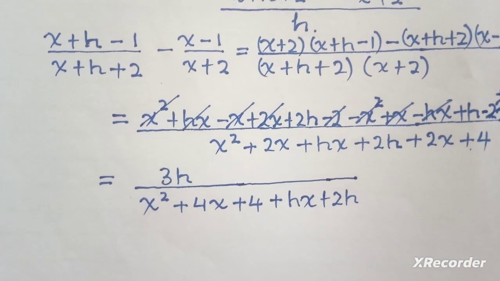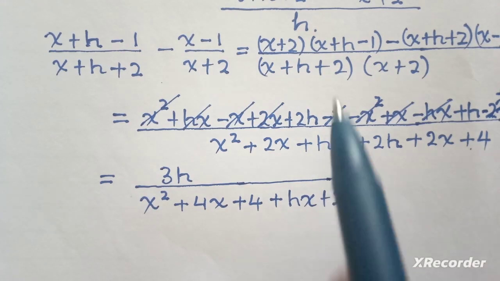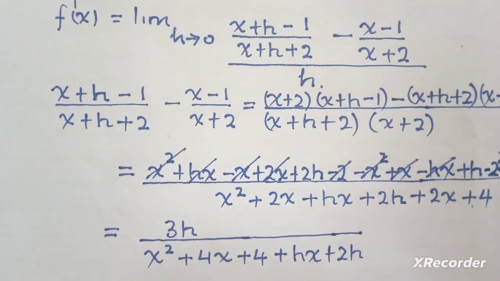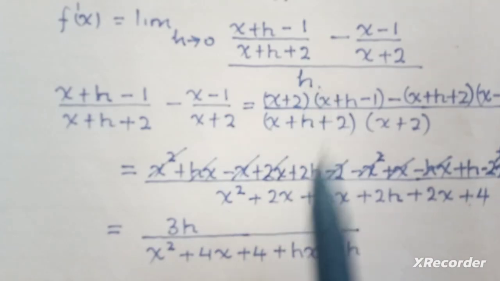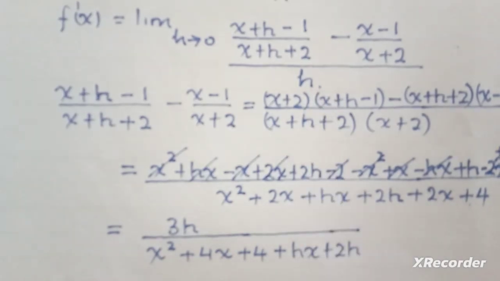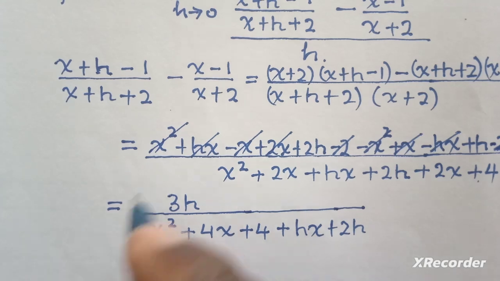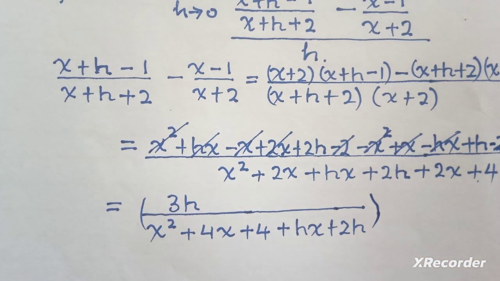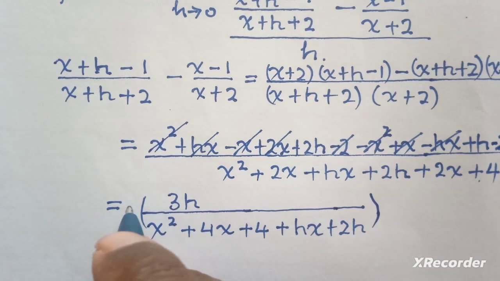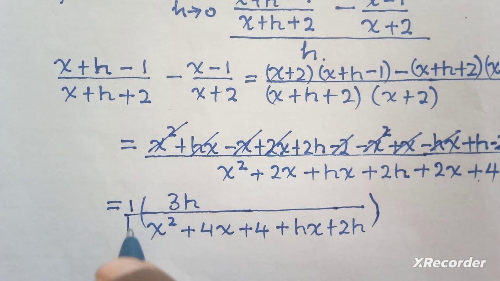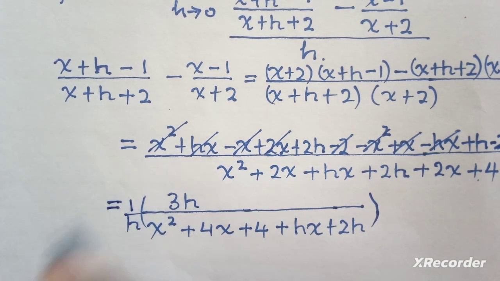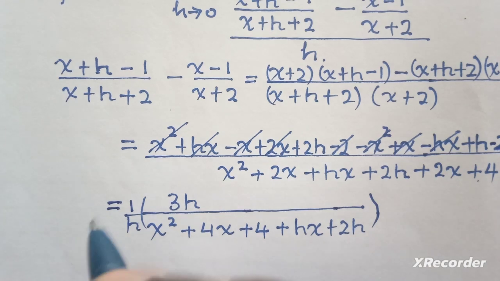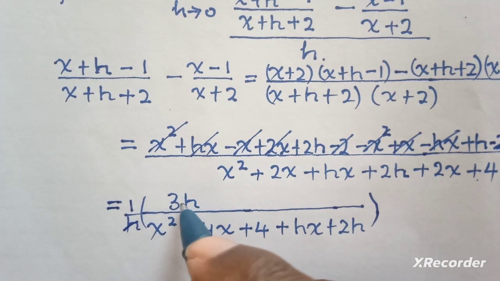So from there, guys, we come and now use our denominator here. We are going to write this all over h. And this one can be written as 1 over h, like that. So we can now cancel this h.